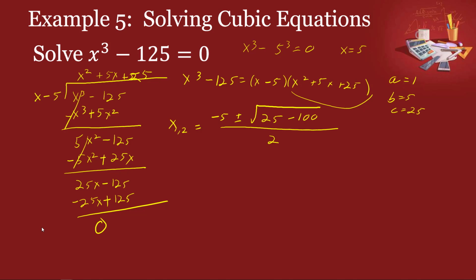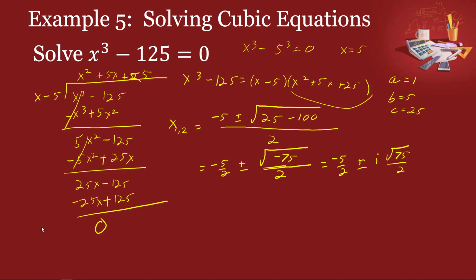All right, well, this will give us negative 5/2 plus or minus the square root of negative 75 divided by 2. We can rewrite this as negative 5/2 plus or minus i times the square root of 75 over 2.